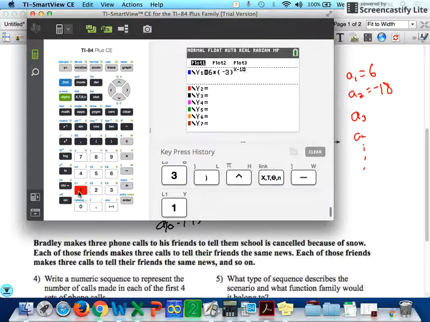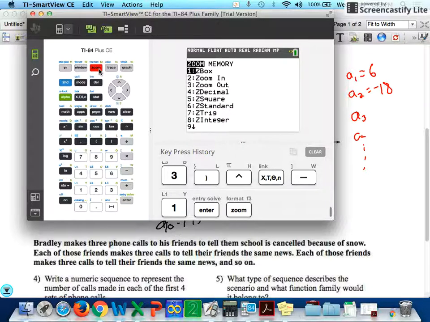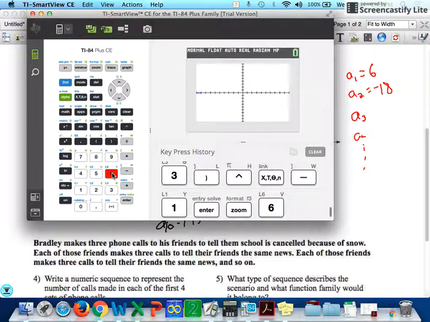When we don't have that n value, we just use the letter x for it, and we press enter. Now, we don't actually graph it. You can graph this if you want. You can try it. You can zoom 6, but that doesn't tell us very much. And even if it did, it would tell us what it was as a line. And we don't want lines. We need a discrete graph here, okay? I should say we don't want lines. We want a discrete function here. We don't want a continuous function, okay?